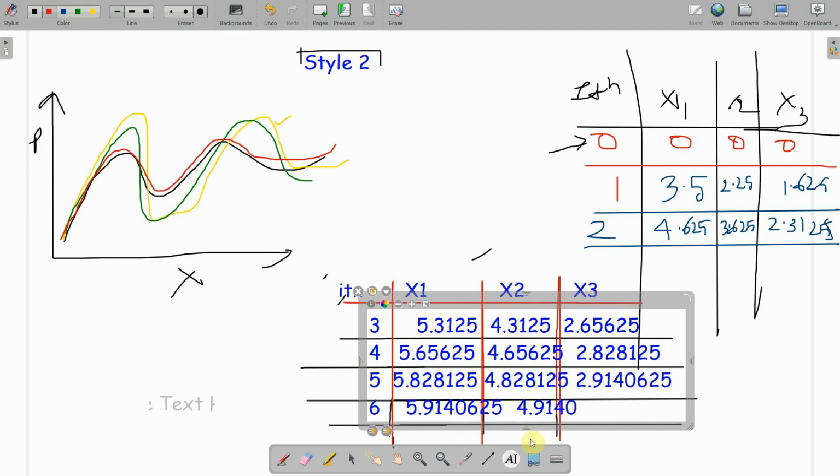Okay, that's the value of x2. Now the value of x3, 2.9570.